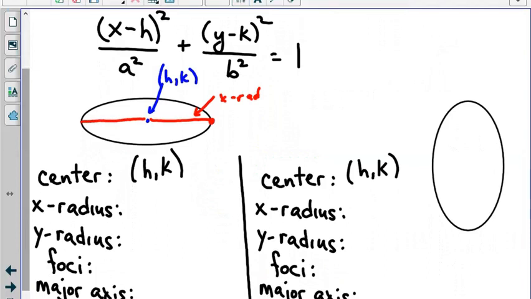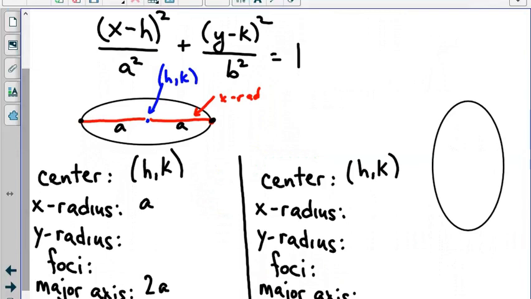That is defined to be a. Now the major axis is the length of the longer axis, or from one edge to the other. So in this particular problem, the major axis is 2a.